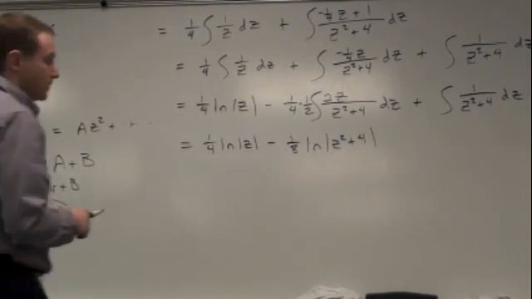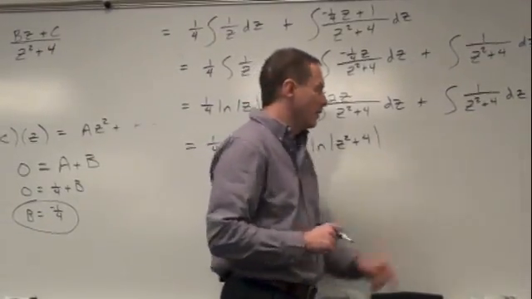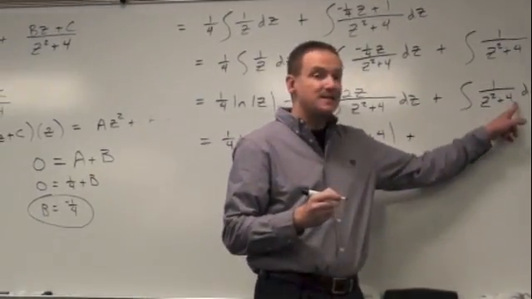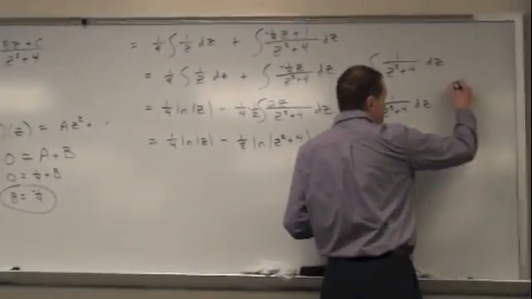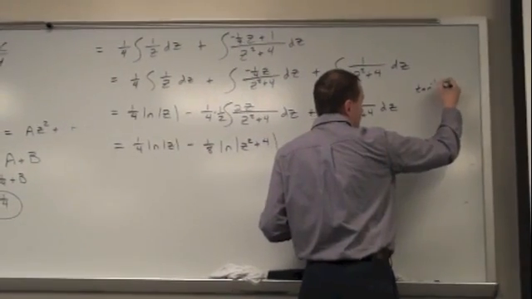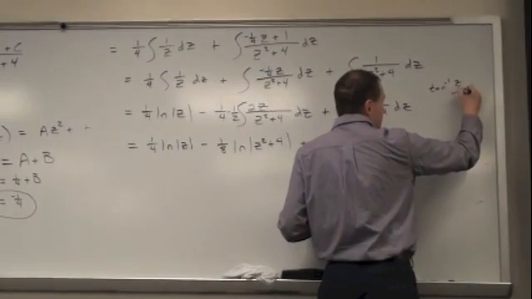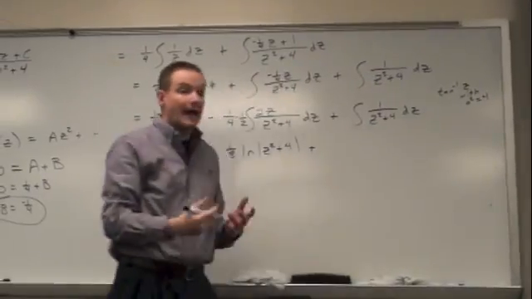And then my last term, I recognize as an inverse tangent function. Well, okay, that's going to be z squared plus a squared, where a squared is 4. So this is an inverse tangent function of z with a squared equals 4, so a is 2.